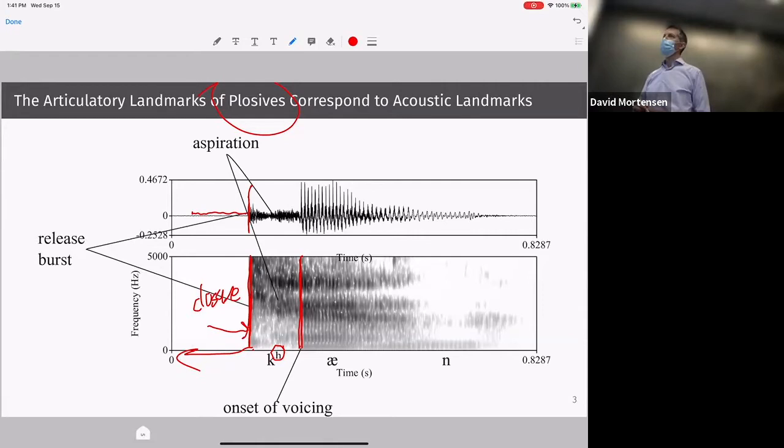So if you contrast the English K with the French K sound, or Spanish K, like the C sound in Spanish, the English sound is aspirated. It has this puff of air. And what that basically means acoustically is that you have a long period, this kind of extended release.